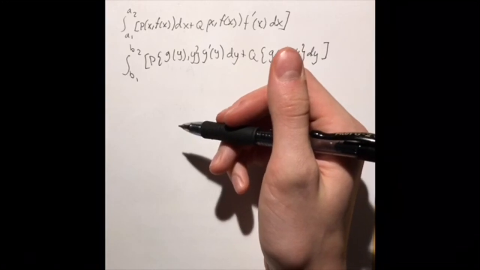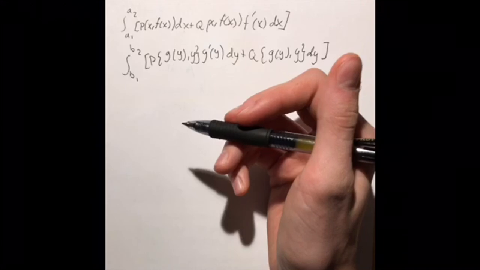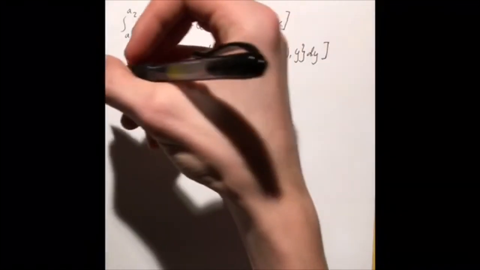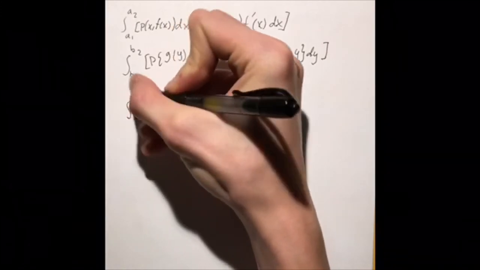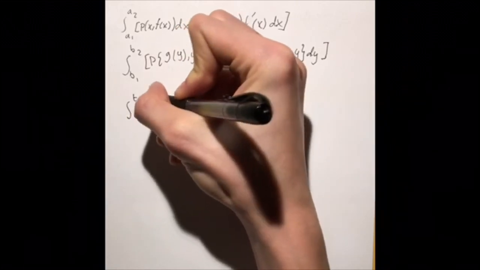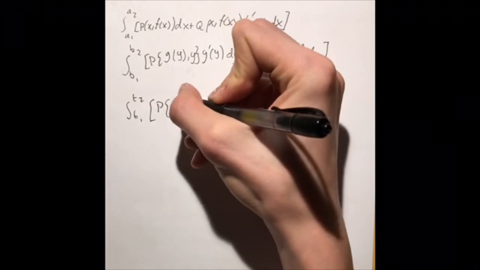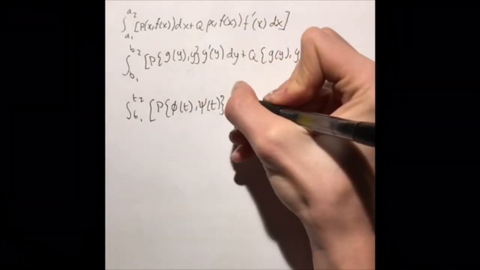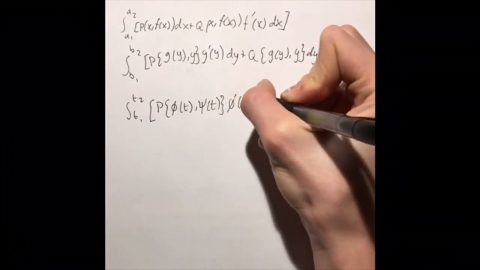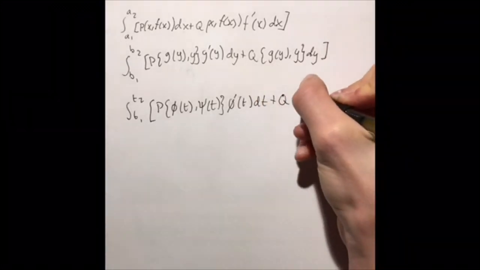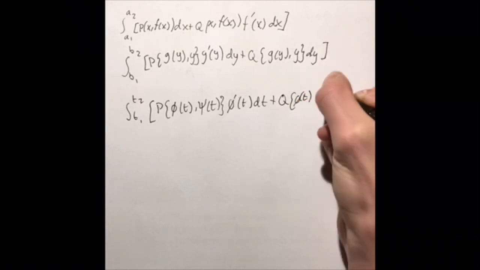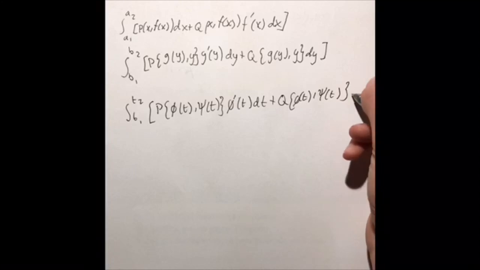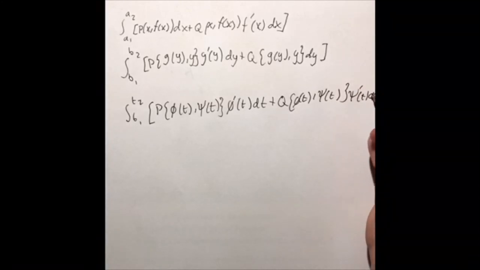Then if K is given in parametric form as x equals phi of t, and y equals psi of t, the line integral becomes the integral from t1 to t2 of P of phi of t, psi of t times phi prime of t dt plus Q of phi of t, psi of t times psi prime of t dt.